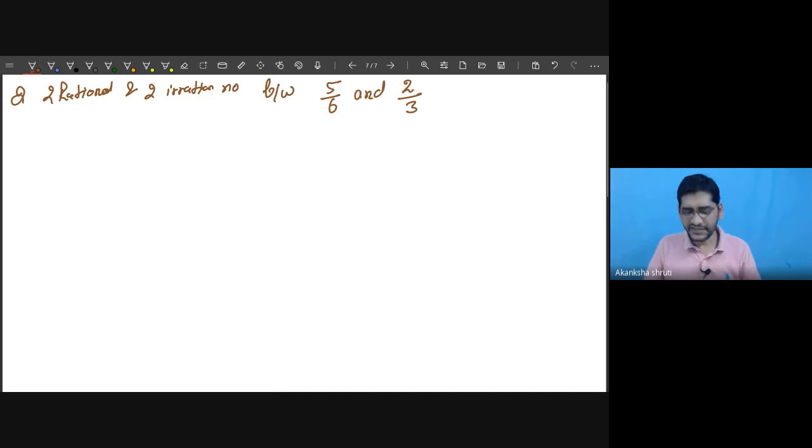These are the two numbers given and you have to write two rational and two irrational numbers. So what to do, students? First you will go for dividing this 5 by 6, writing it into decimal form.